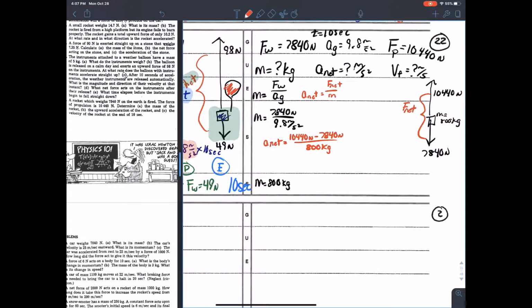All right, calculator time. You have a net acceleration upwards of 3.25 meters per second squared. How do I know that's upwards? Well, first, that number's bigger than this one. Second, my acceleration came out to be a positive value.